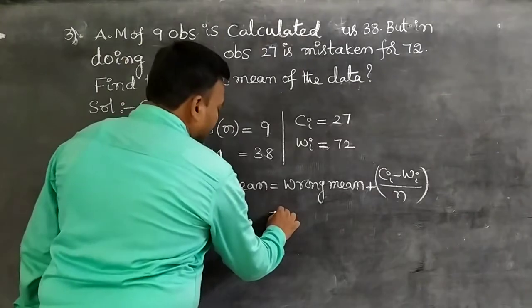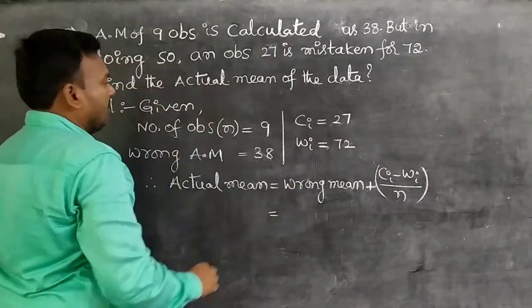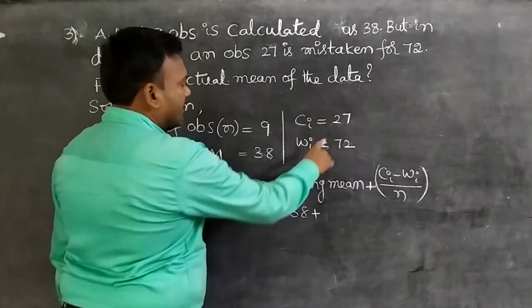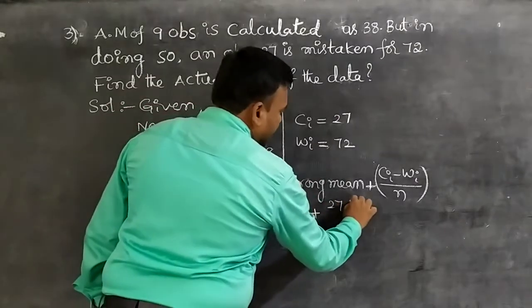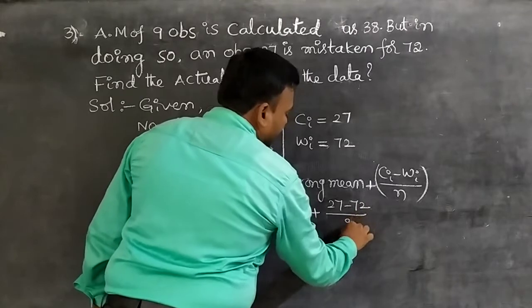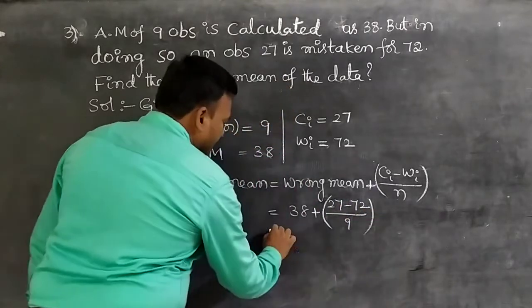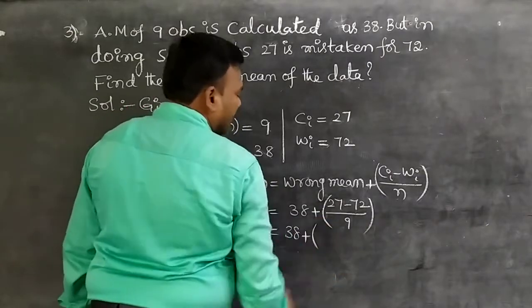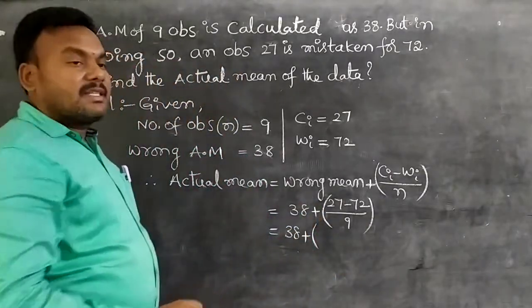Substitute the values: wrong mean 38, plus correct item 27, minus wrong item 72, by the number of observations, 9.